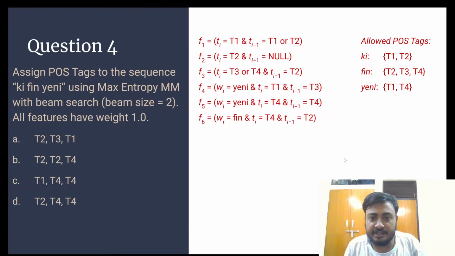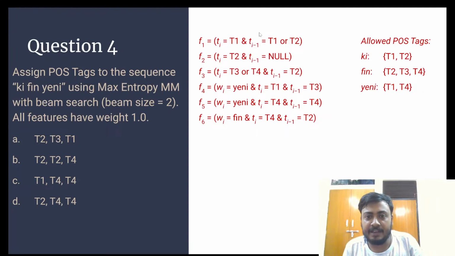You can consider a feature as a function of a given observable and hidden state. So a feature is like a function of x and y, and that function returns a value of 0 or 1, basically whether that feature is applicable or not.